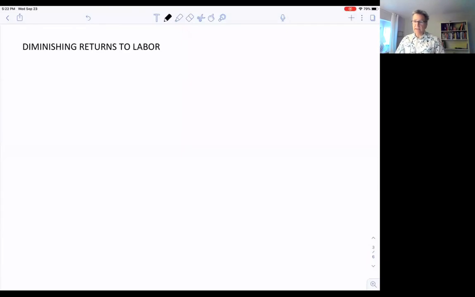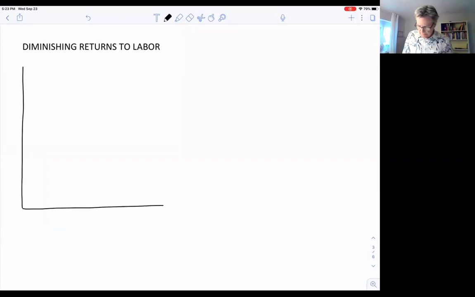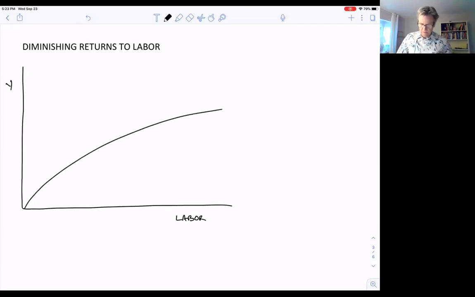Now we can do the same thing for labor. If we hold capital constant and total factor productivity constant, and we put labor down here on this axis, we can draw the relationship here.